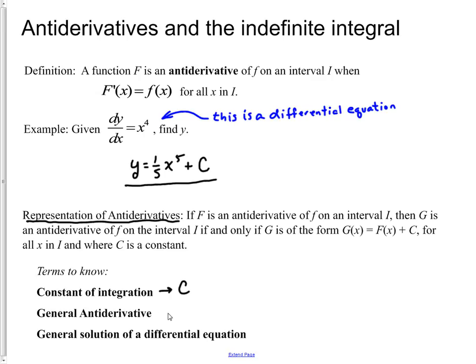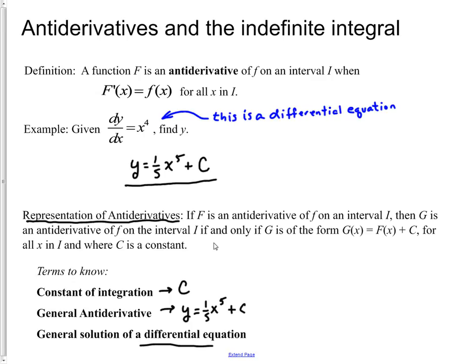We call that a general antiderivative. So the general antiderivative is the expression y equals, in this example, 1/5 x to the 5th plus that constant of integration, and that's a general solution of a differential equation.